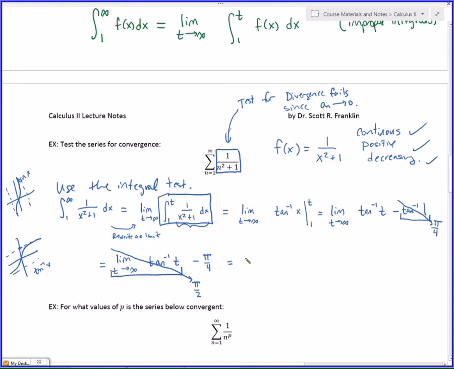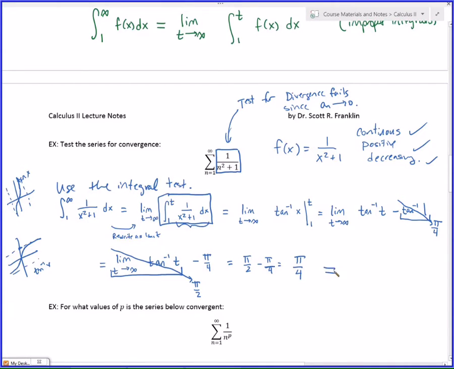So this becomes pi over 2 minus pi over 4, which is pi over 4.